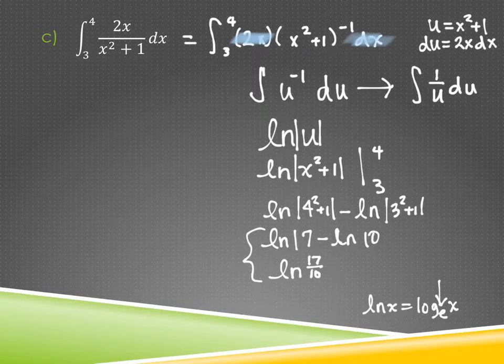So if we did natural log of 17 minus the natural log of 10, and just to show you that it really works, you can also do 17 divided by 10 like this. So do the same. 0.531. That's the approximation. So this one is the exact up here, and this one is an approximation down here.